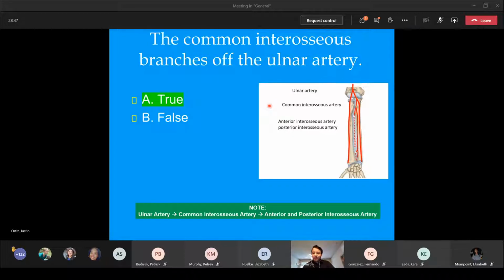Remember, you have the brachial artery, which is bifurcating into the radial artery and also the ulnar artery. The ulnar artery branches off into this little common interosseous, and then the common interosseous branches off into anterior interosseous and posterior. Anterior going to the front side of the interosseous membrane, posterior going towards the posterior side of the interosseous membrane. So I put a little note here: ulnar artery, common interosseous, then going to anterior and posterior interosseous artery.